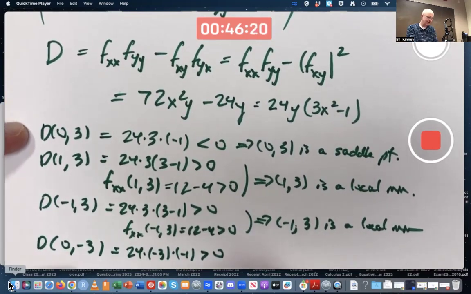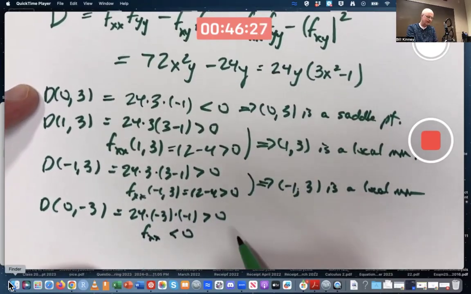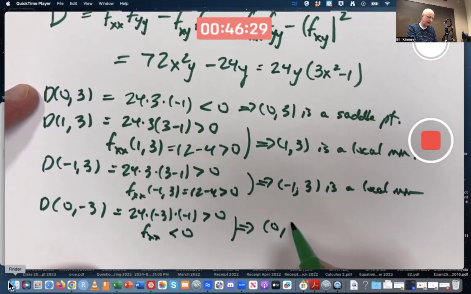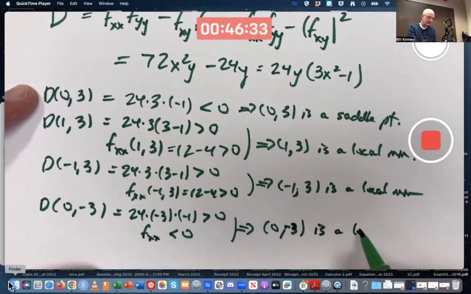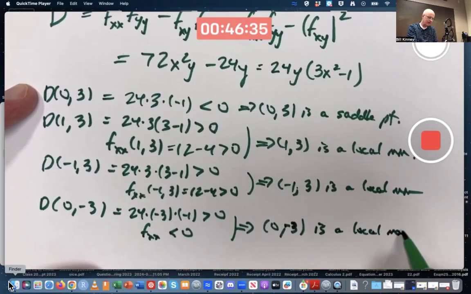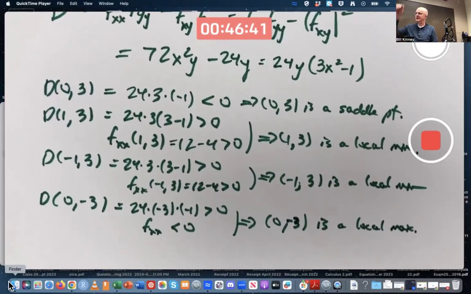If I plug this into fxx or fyy, I get a negative number. That means 0, negative 3 is a local max. The negative fact there effectively means the graph's concave down near the point. So you get a local max.